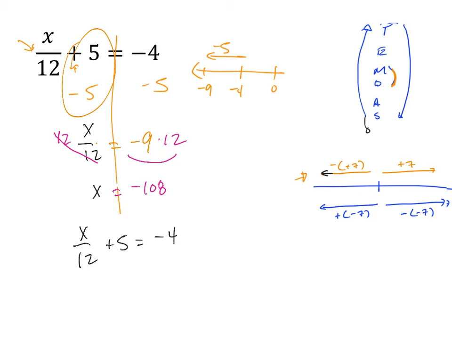So I plug in negative 108 divided by 12 plus 5 is supposed to equal negative 4. And if I look, negative 108 divided by 12 is negative 9 plus 5 is supposed to equal negative 4, and negative 9 plus 5 is negative 4. So I do have the right answer.